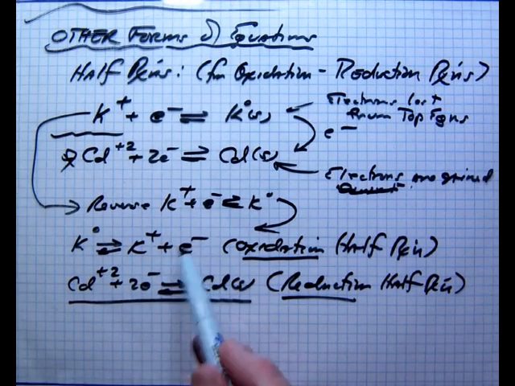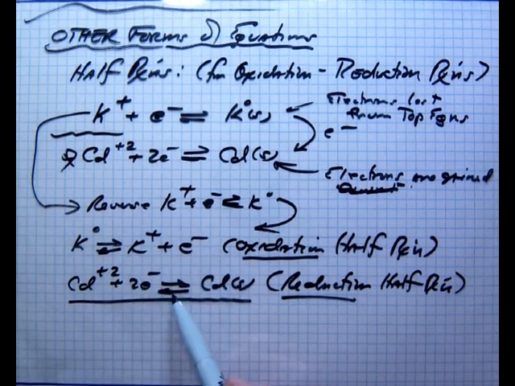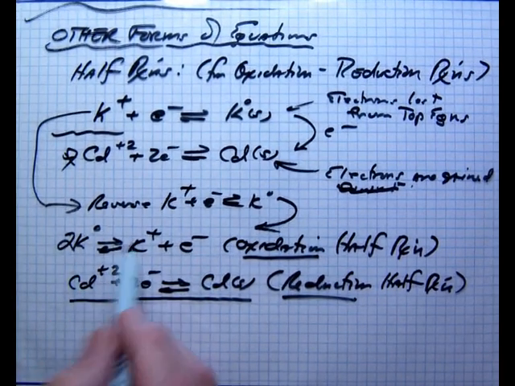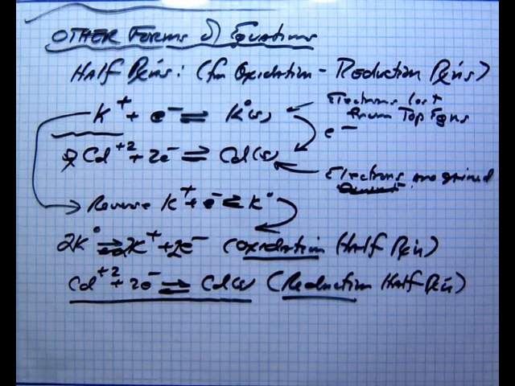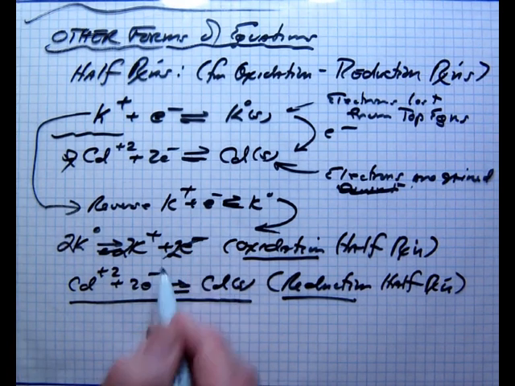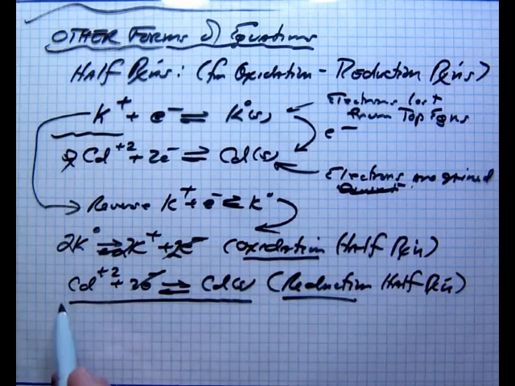You couldn't cancel both sides against the arrows, see? So I have to, and you're given the privilege to, double this. That's what actually happens. God made it like that. We can't change it. So here we have potassium undergoing oxidation, and to react with cadmium, we've got to have 2 potassiums.